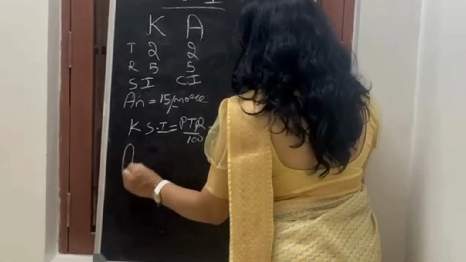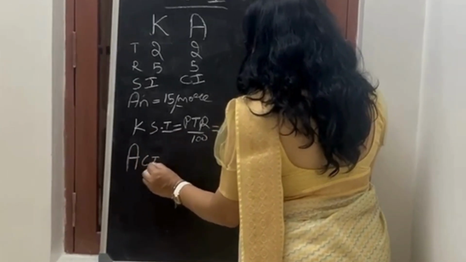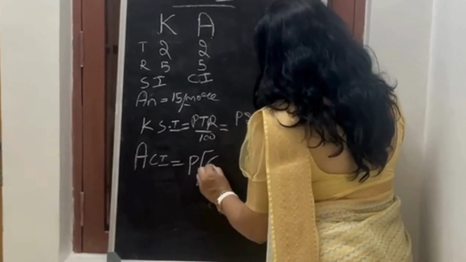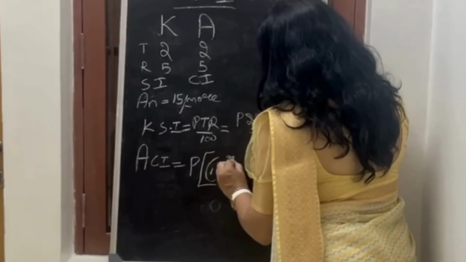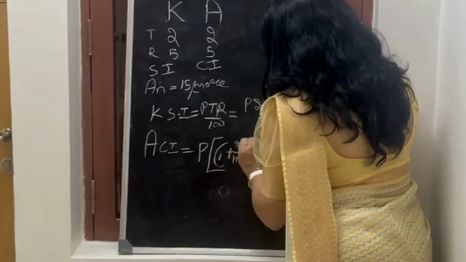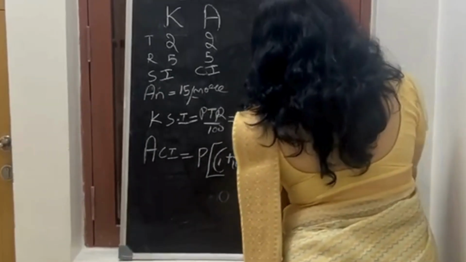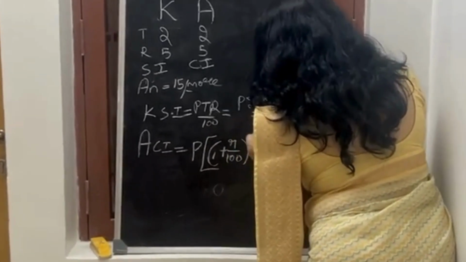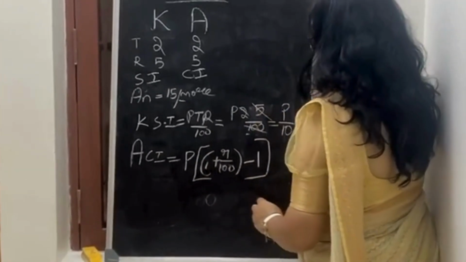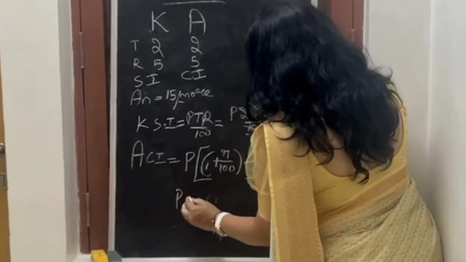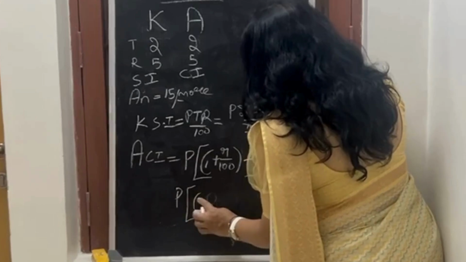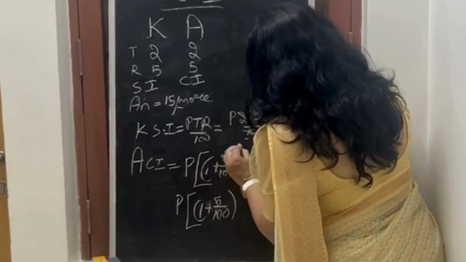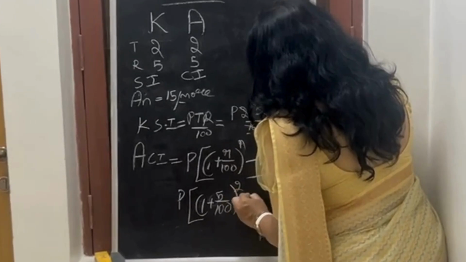Now what is CI of Anand? If you remember CI, I gave you another formula. Correct? So it is P times (1 plus R by 100) to the power of N, minus 1. Okay, this is the CI formula. P, I don't know what it is. Then it will be 1 plus 5% into, this is N, so to the power of 2, minus 1.